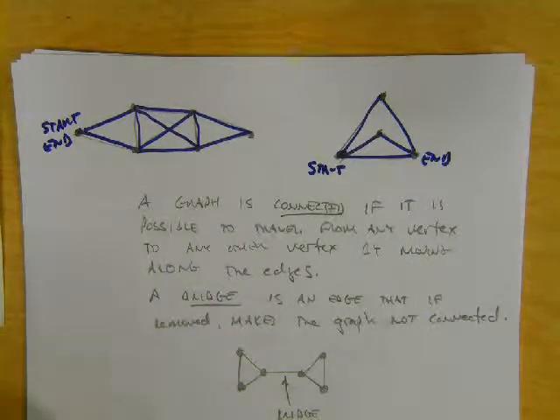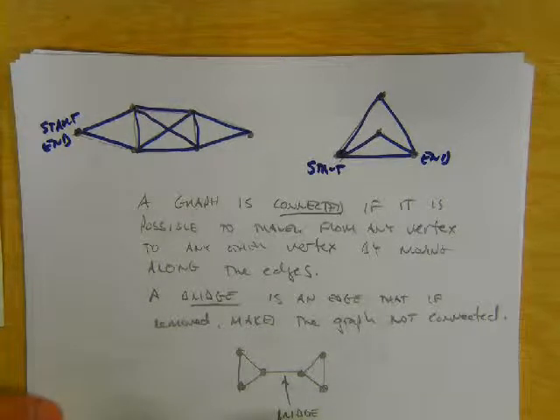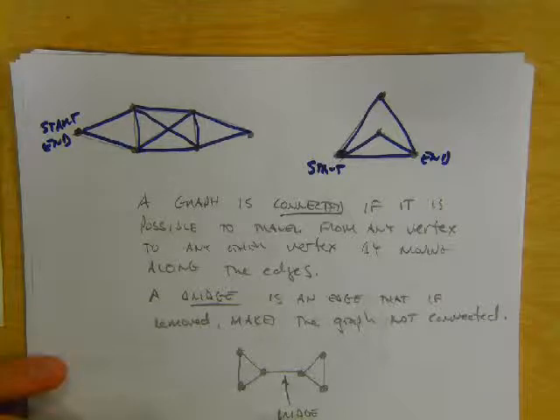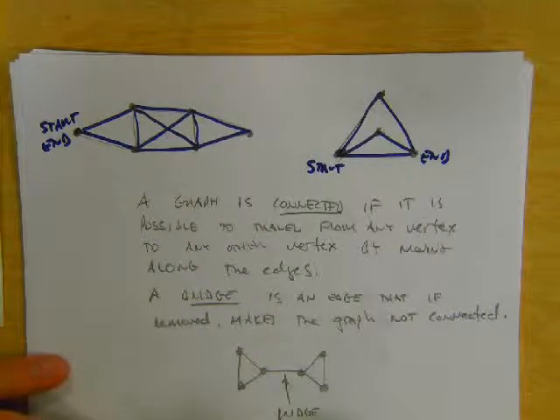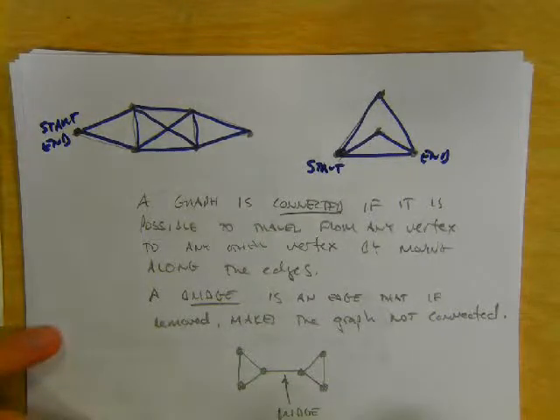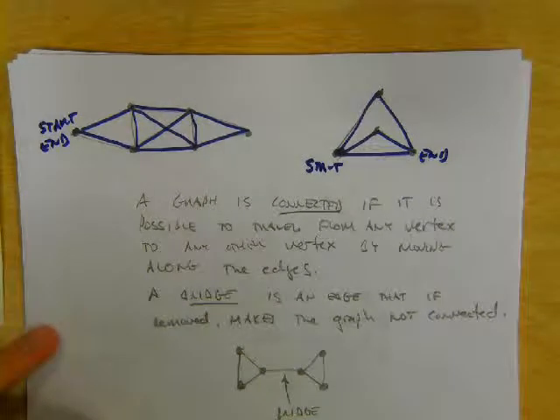Okay? Here is some more vocabulary. A vertex is even if there's an even number of edges going into it.